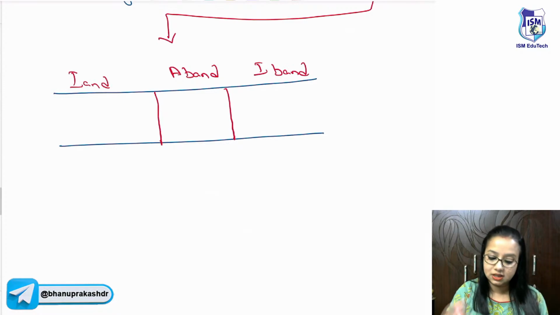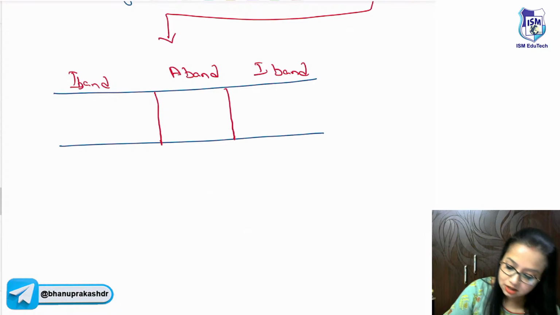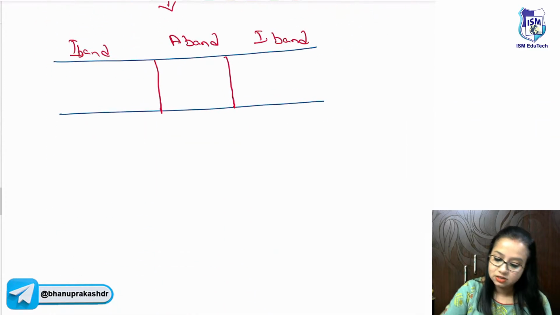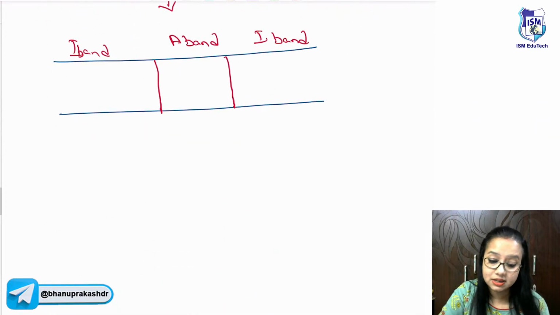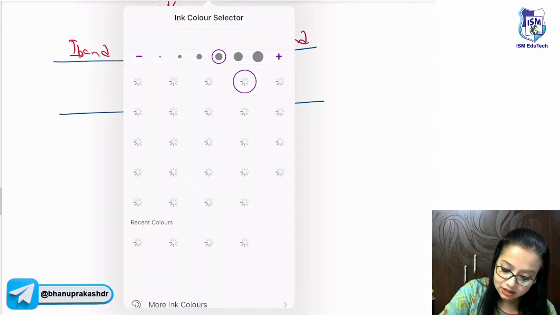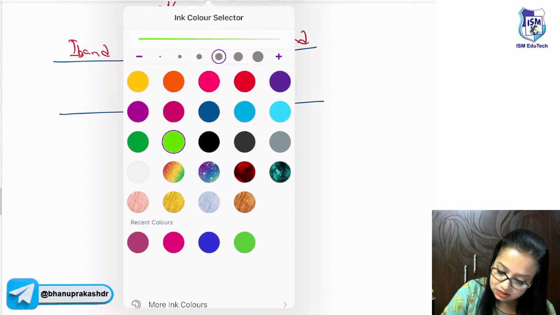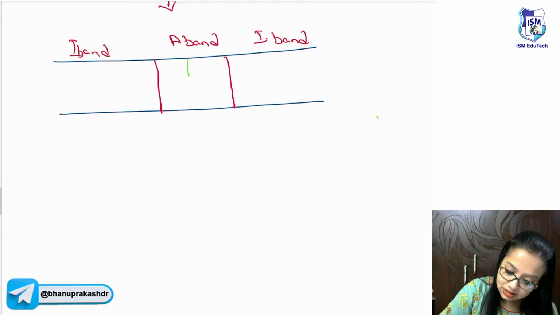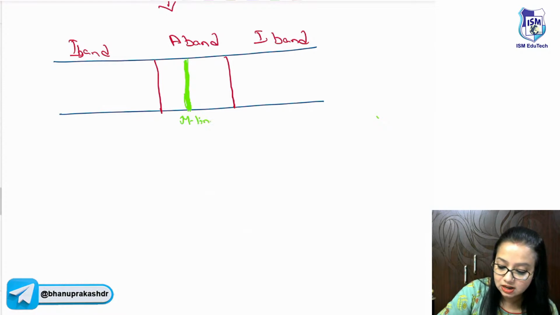On either side, we have the I band. I'm just taking one region, say this one, with the I band on either side of it. So this A band is the thicker one, I band is the not so thick one. Now again, from the middle of this A band, there is a thicker line that is bulging out a little bit, which is the M line.